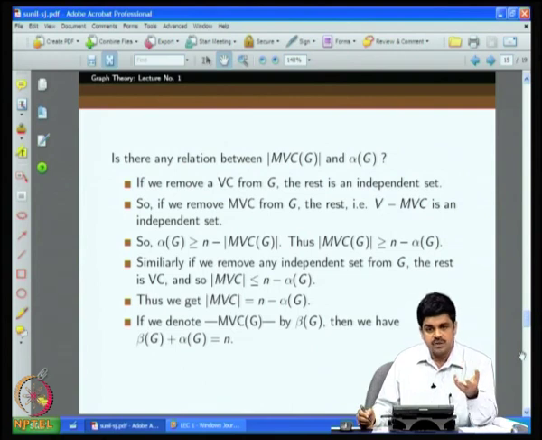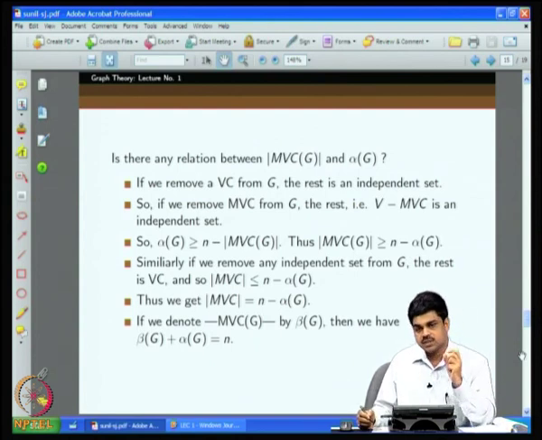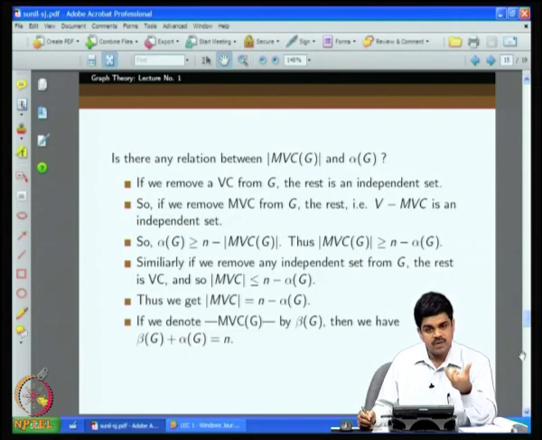The remaining vertices that you see are going to be an independent set. Why is it so? Because if there is any edge in the remaining collection of vertices, then this edge will not be covered by anybody, because what we removed was a vertex cover. So, one of the endpoints of this edge has to be in that. So, if you remove a vertex cover from the graph, what we are left with is an independent set.